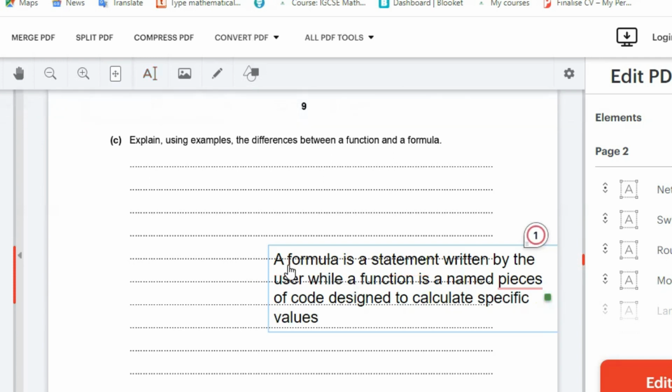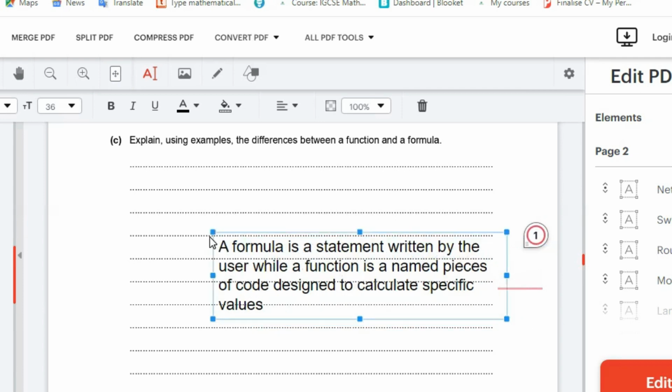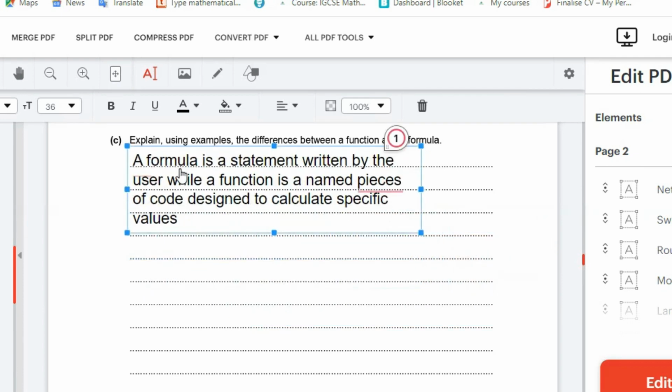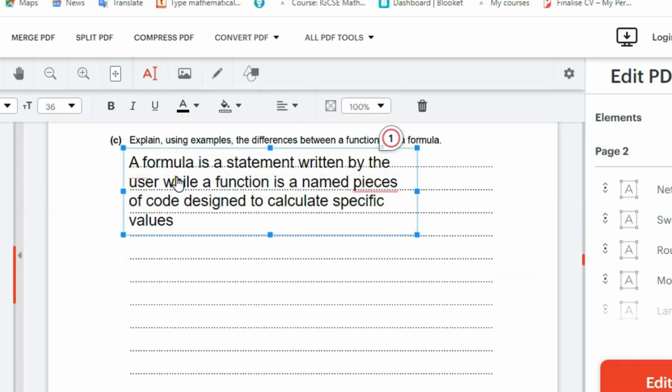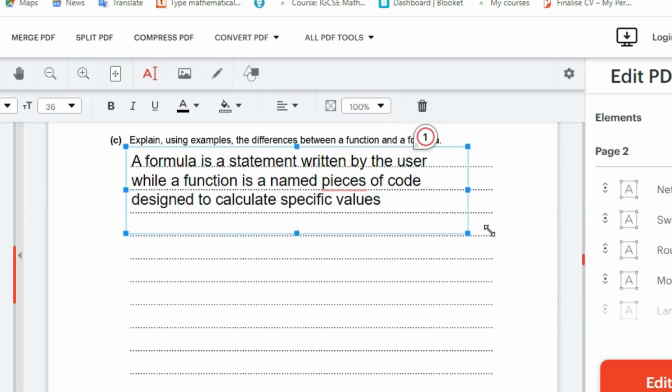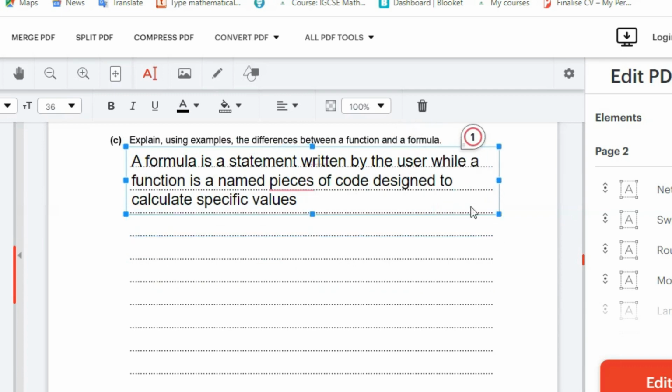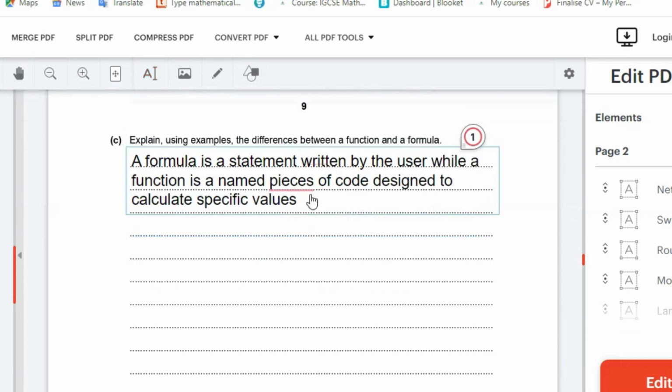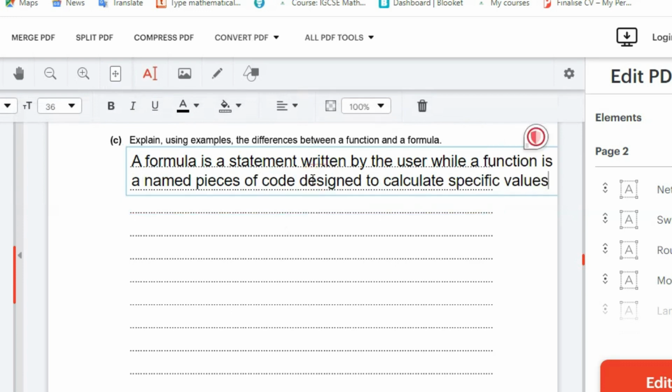So, a formula is a statement written by the user. That is, you determine what formula you want to use yourself. But when you say function now, there are specific functions for some things that you can't change. It's not by your changing, but it has been written there.